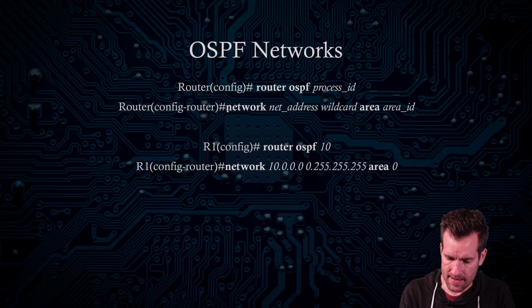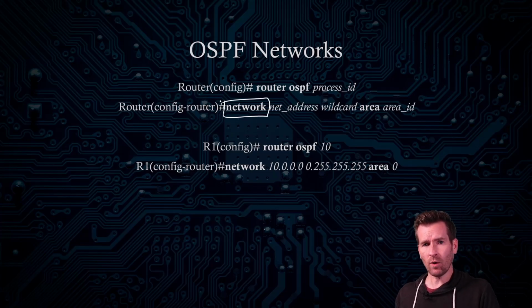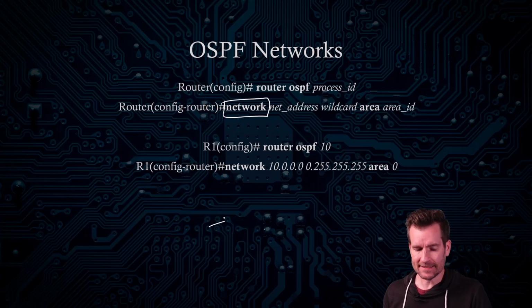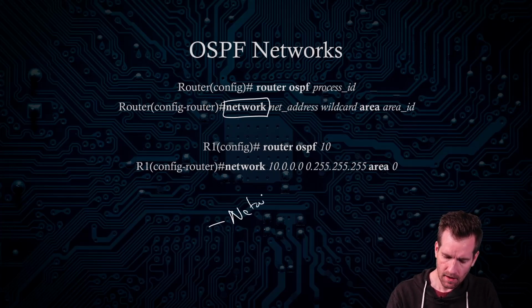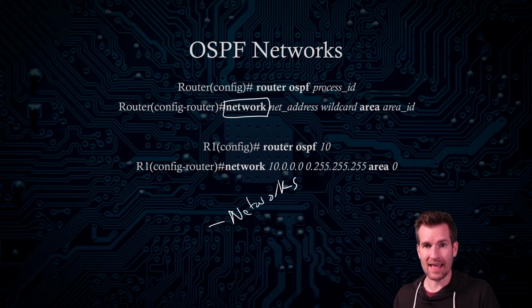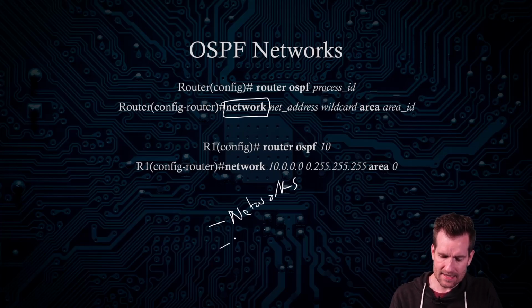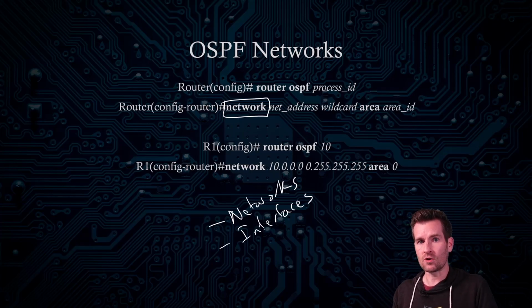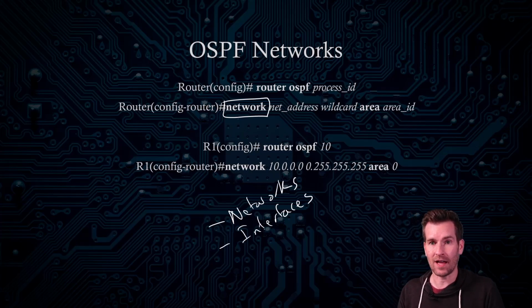Then we have the network statement, which does 2 things for us. First, it identifies which networks are going to participate in the OSPF process, meaning whether a directly attached network is going to be advertised out or not. The other thing it does is identify the interfaces that are going to participate in this OSPF process, so which interfaces are going to send and receive OSPF updates.